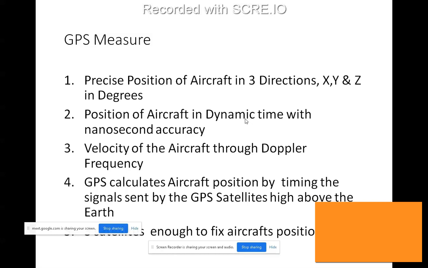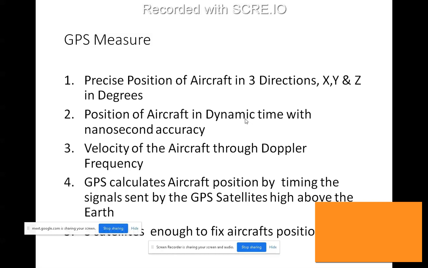Here we are going to measure the GPS by using three directions, that is X, Y, Z in degrees, giving the position of the aircraft in dynamic time. Dynamic time means change of time.